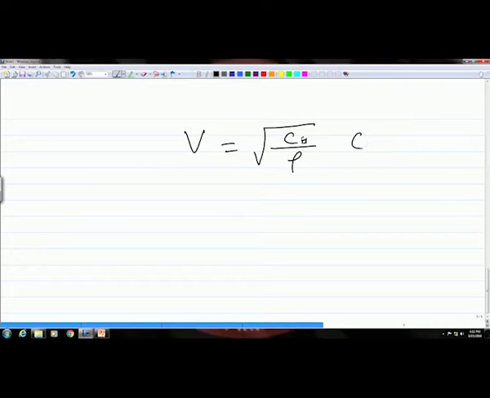So, C i j is the elastic constant of the material. For example, it could be the Young's modulus, or the shear modulus.